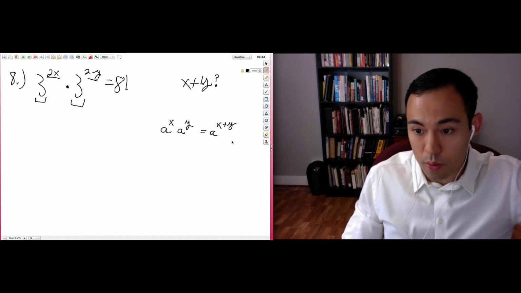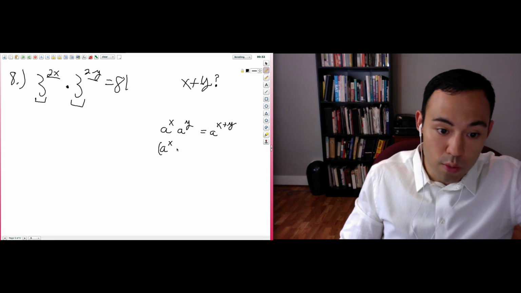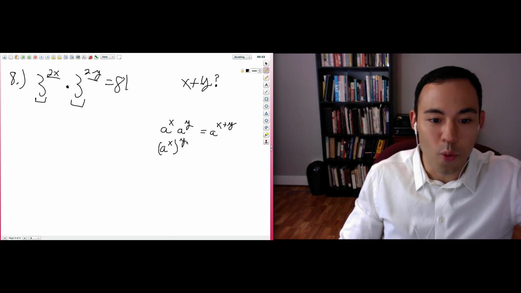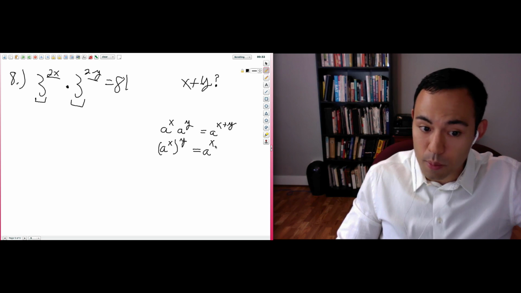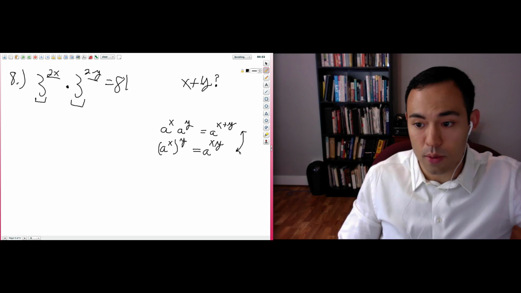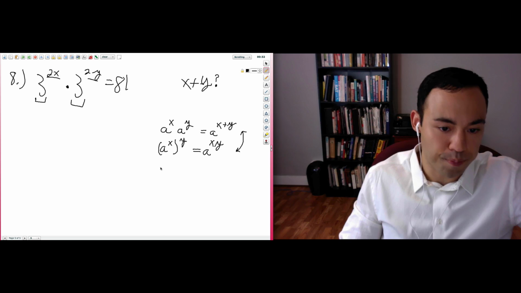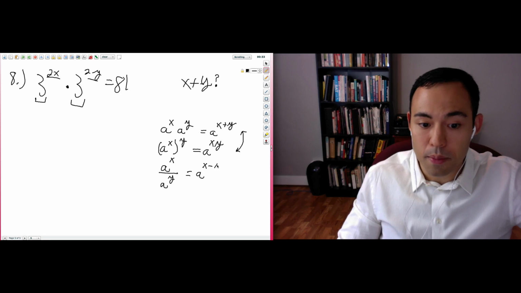So that's one of the rules for exponents, and a to the x all raised to the y power is going to be a to the x multiplied by y. A lot of times people get those two mixed up, so you want to really keep them separate in your minds. And then you might remember a to the x divided by a to the y is equal to a to the x minus y.